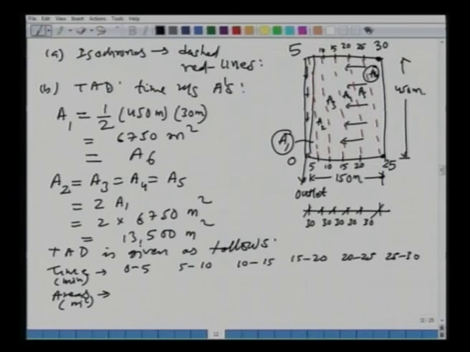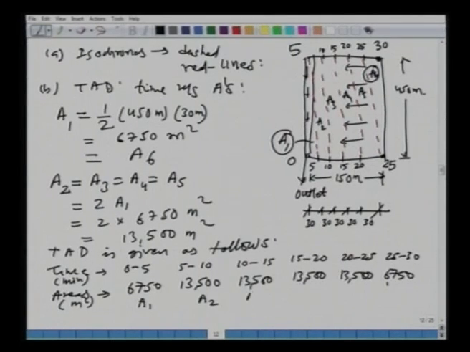For the first 5 minutes, which is A1, it is 6750. Then all of the middle areas are equal, which is 13,500 square meters, 13,500, 13,500, and 13,500.